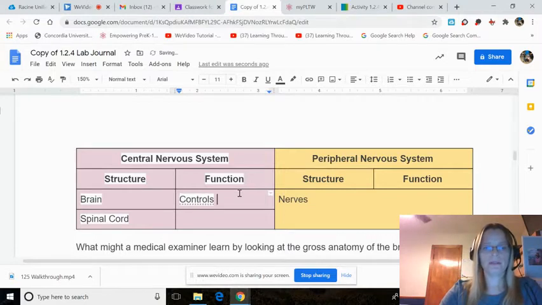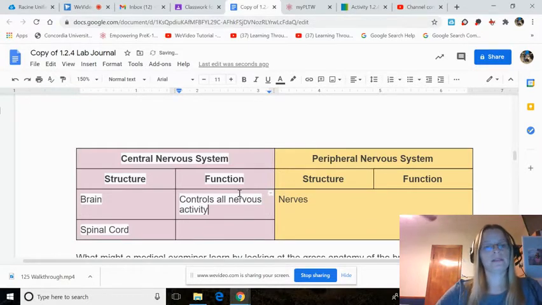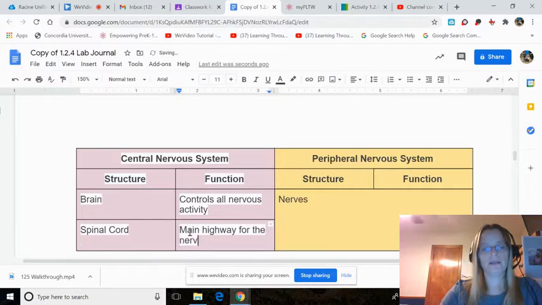Okay, so the brain controls all nervous activity. The spinal cord is the main highway for the nerve impulses to travel.